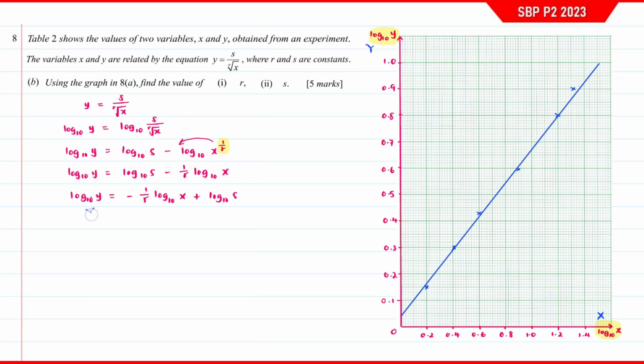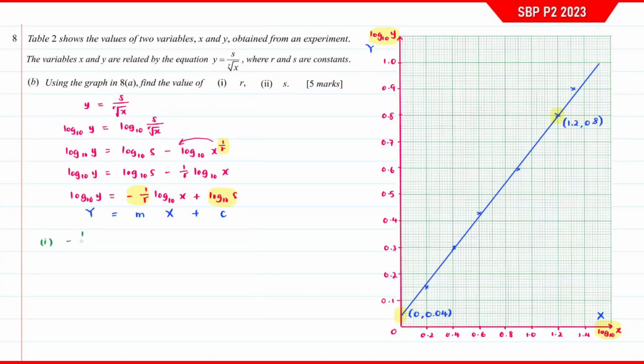When we compare it with y equal to mx plus c, negative 1 over r is the gradient, and log base 10 of s is the y-intercept. To find the gradient, the two points that I'm going to use will be these points and the y-intercept.